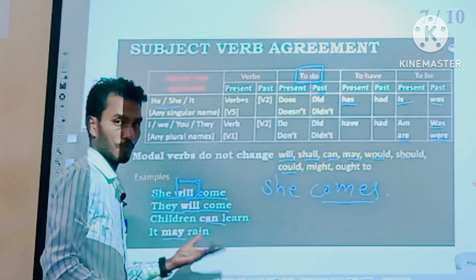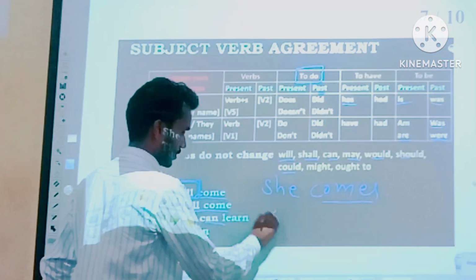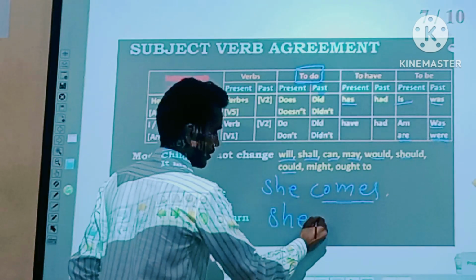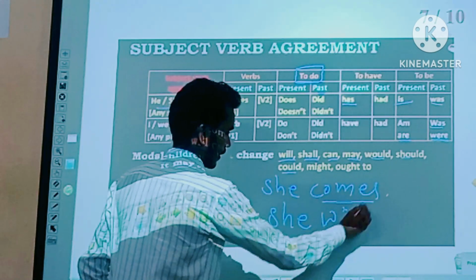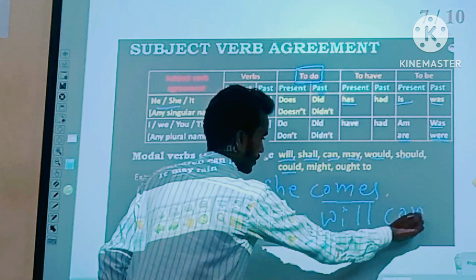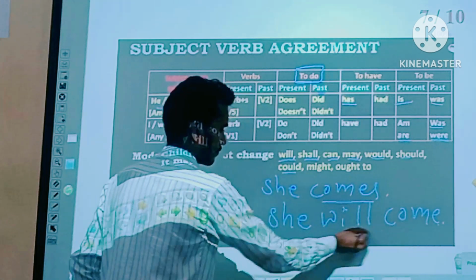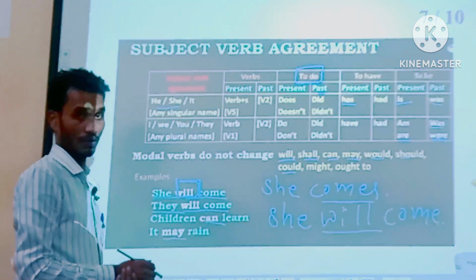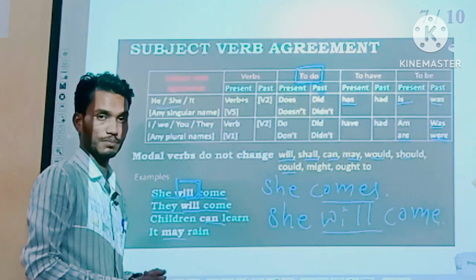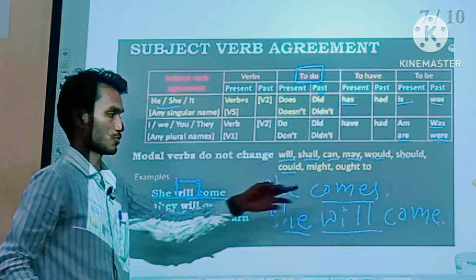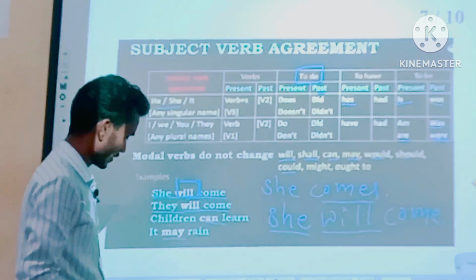If there is a modal auxiliary verb, say for example, she will come, it's not comes. Why? Because here we have a modal auxiliary verb. Whenever we get a modal auxiliary verb before the verb, the verb should be plural, that's it, okay?